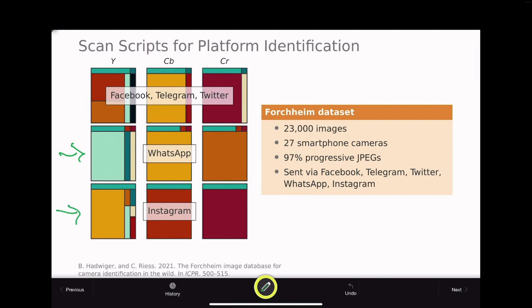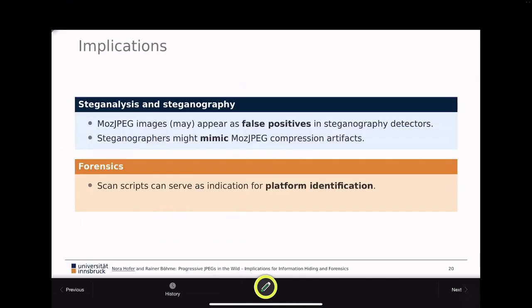So we can potentially use the scan script as an indication for platform identification. Moreover, if we have an image and extract the scan script, and we know that the scan script is optimal for the image content, we can know that this image was probably compressed using MOS-JPEG.